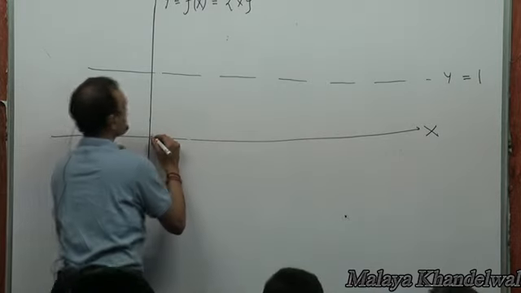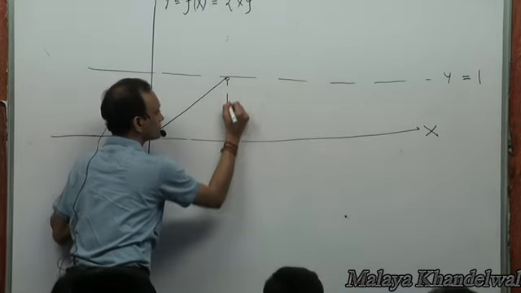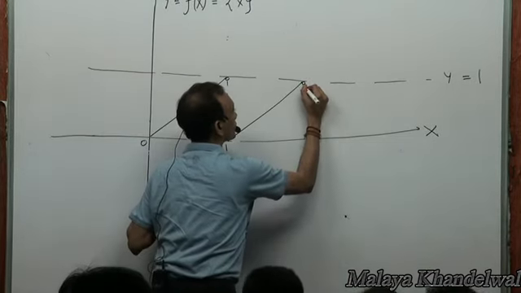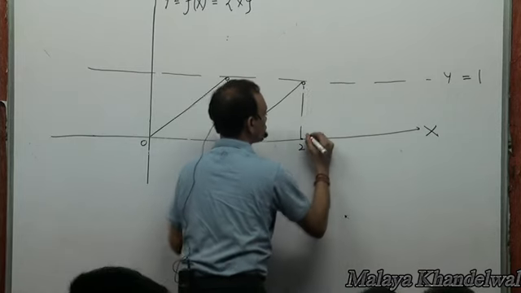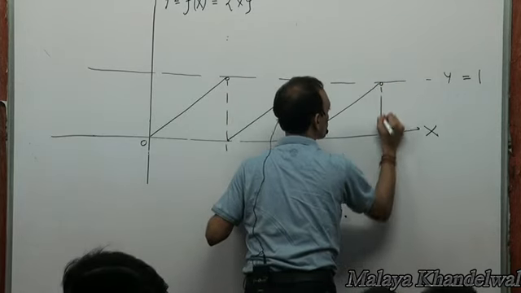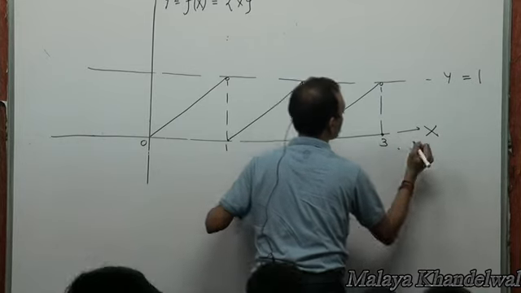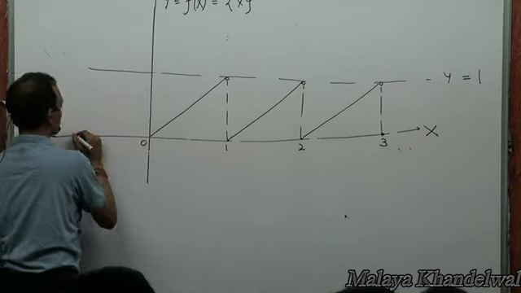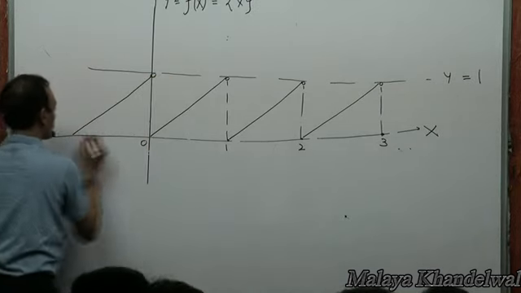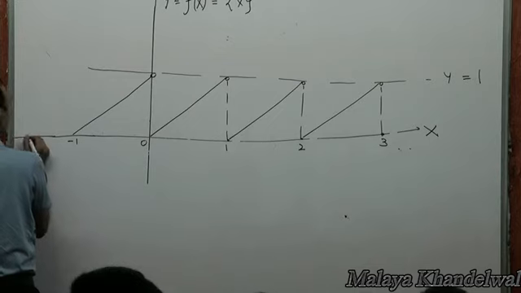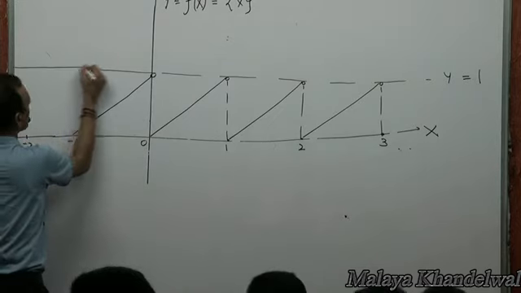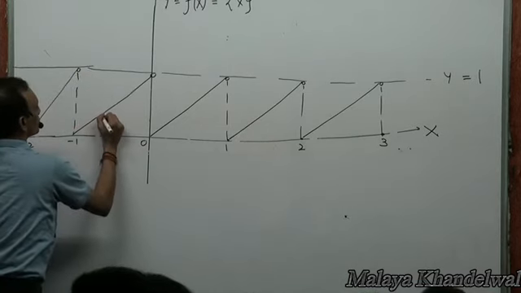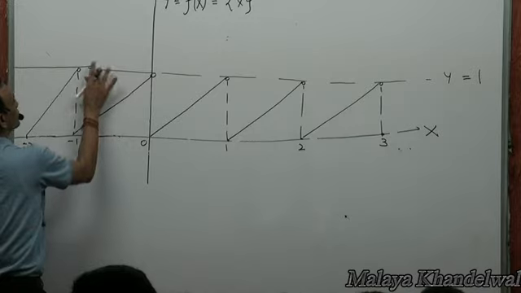And the graph: 0, 1, 2, 3, and so on and so forth. Minus 1, 0. And so on and so forth.